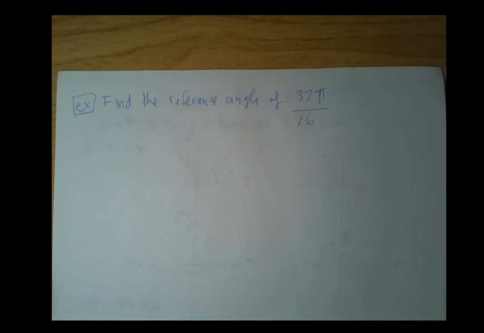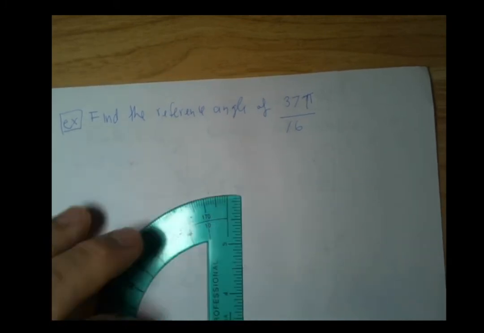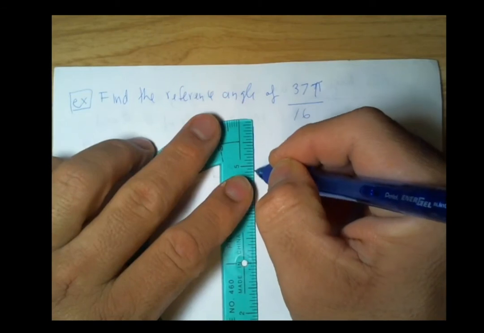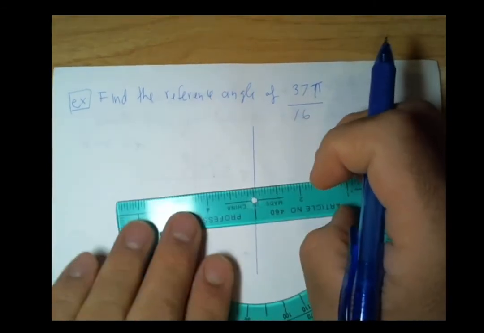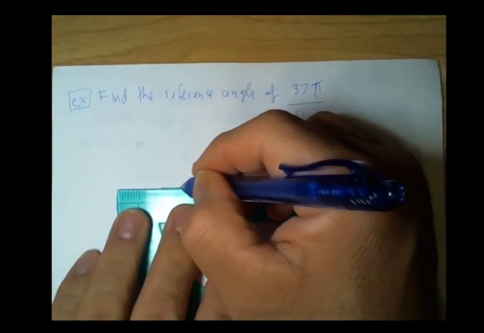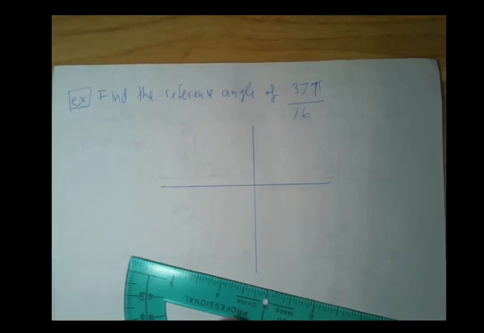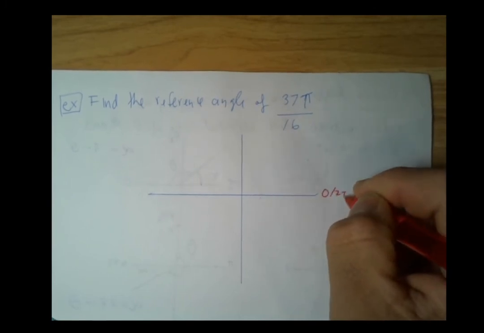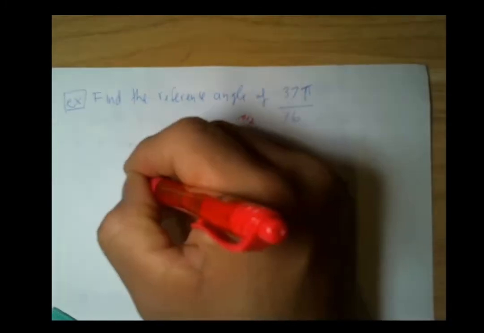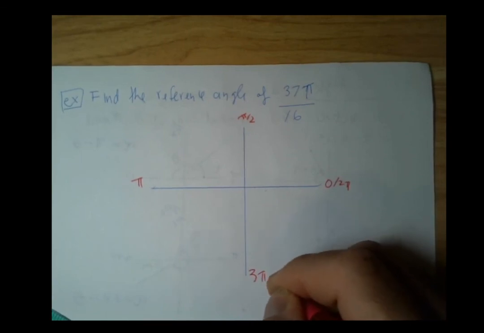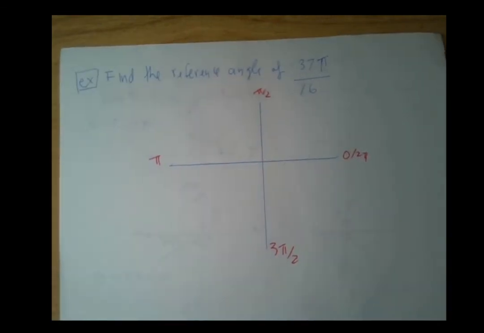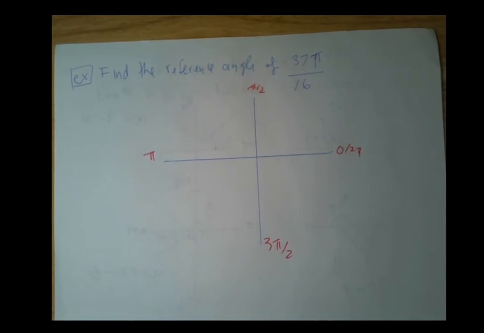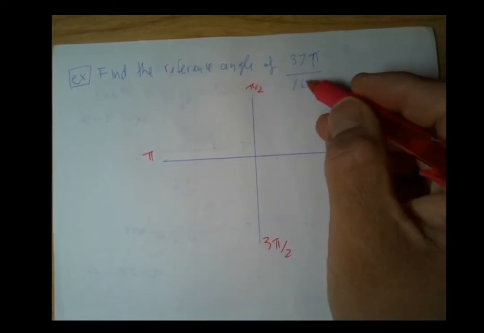Okay. All right. So first, I want to draw this angle out. Okay. All right. Now, here, this angle is larger than 2 pi.